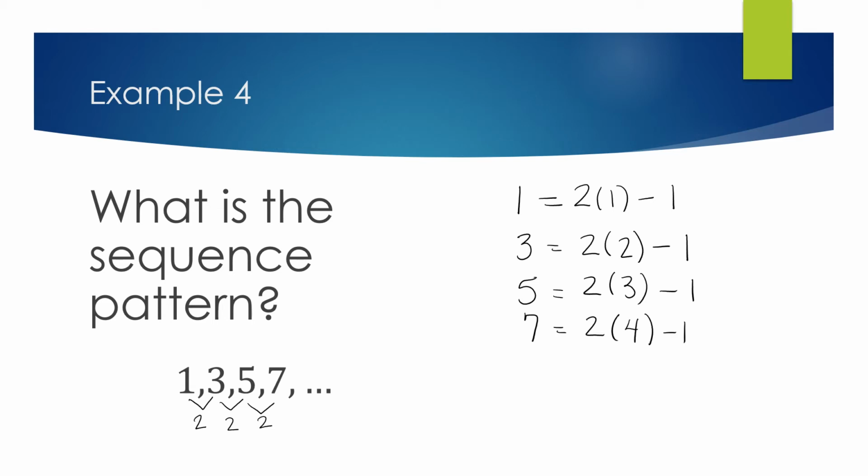So our sequence pattern, b of n, is 2 times n minus 1.